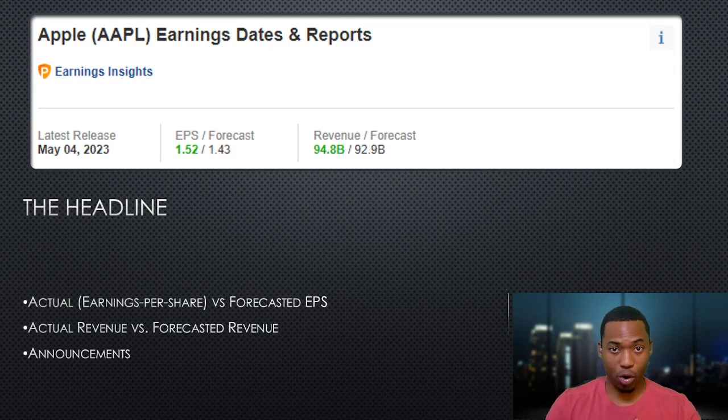The headline for earnings: really, most places that you see, most press releases, are going to focus on two items in really close detail. They're going to focus on earnings per share, and they're going to focus on revenue, as we've already discussed. Guidance is a piece of the puzzle, but guidance, like you saw a couple slides ago, is really wordy.